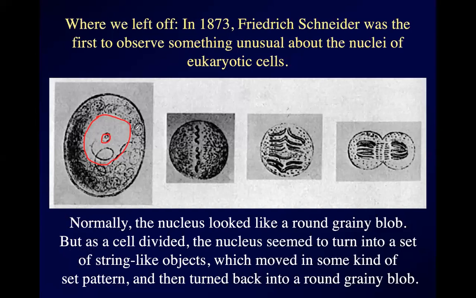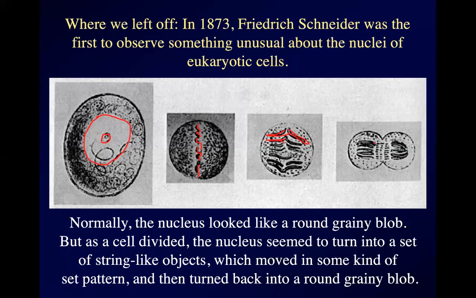But when a cell begins to divide, the nucleus seems to turn into this set of little stringy things, like these things that I'm tracing right now. And the stringy things move in some kind of pattern, almost like country dancers. They line up in the center and then migrate to opposite sides of the cell. This is what they're doing here.